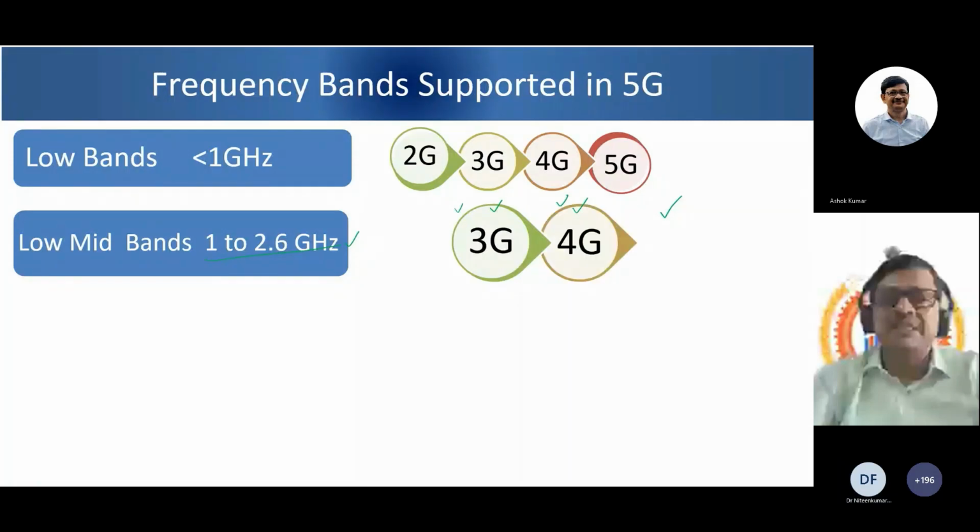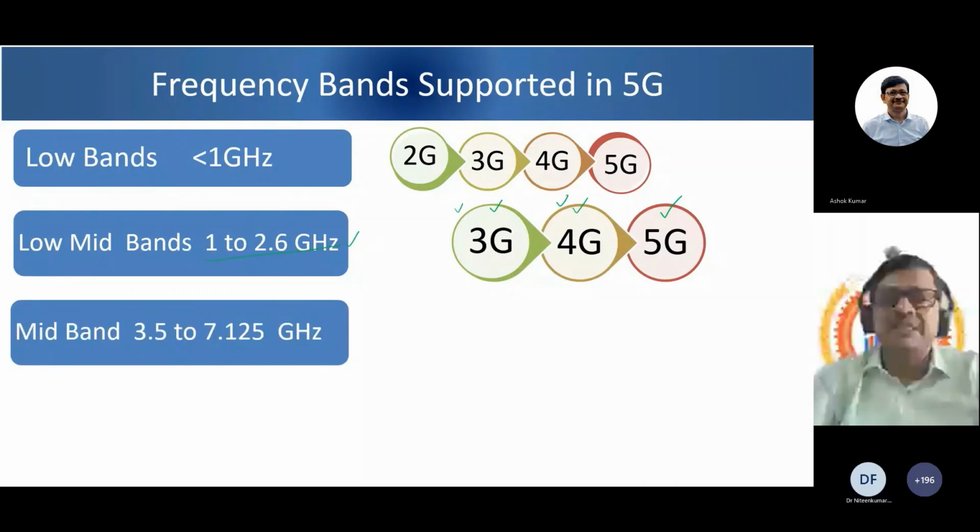So once you refarm these frequency bands or vacate them from 3G and 4G, you can use them for 5G. Now, mid-band: if you look at the 3GPP specification, they have defined frequencies up to 7.125 gigahertz, so 3.5 gigahertz to 7.125 gigahertz.